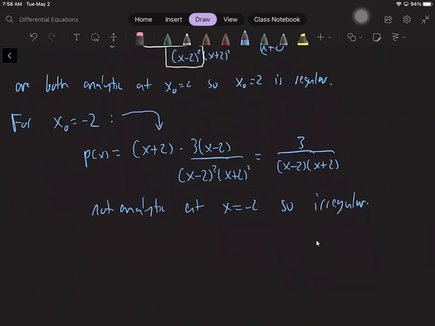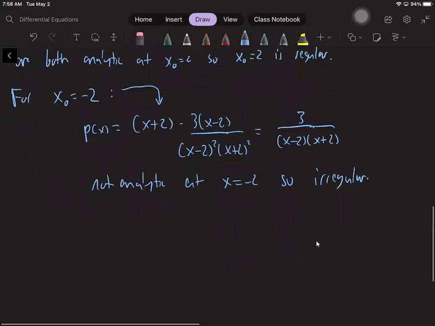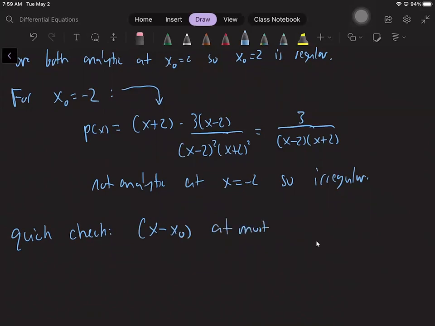Okay, so it's irregular. So the little shortcut, for problems like this at least, is you really just want x minus x naught at most one time under y prime. If there's more, then they're not going to cancel enough.